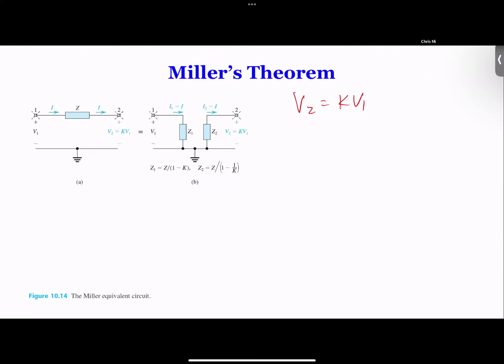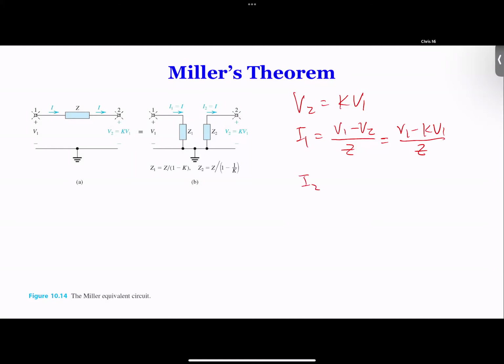So I1 will be V1 minus V2 over Z. To find I1, I plug in V2: V1 minus K times V1, divided by Z.